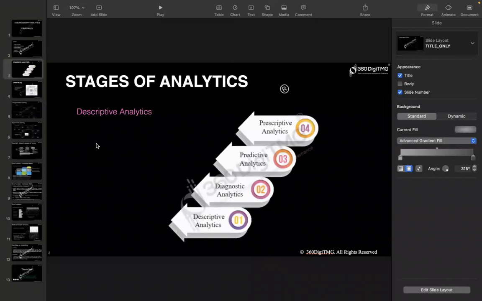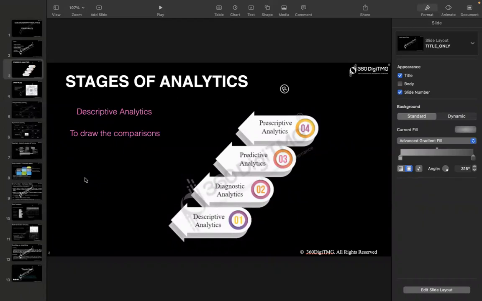So descriptive analytics describes the use of a range of historical data to draw comparisons.